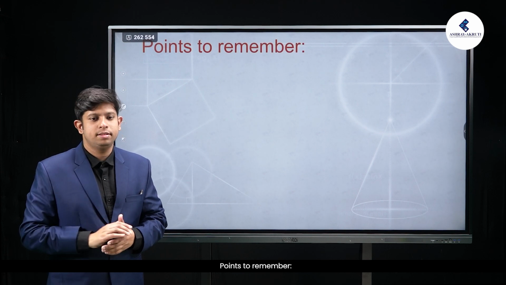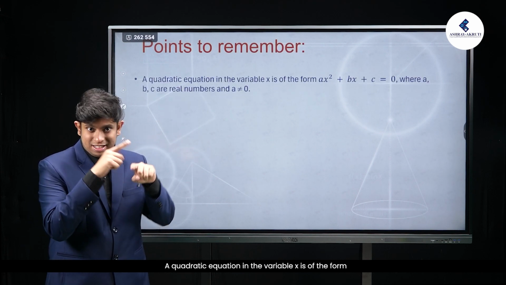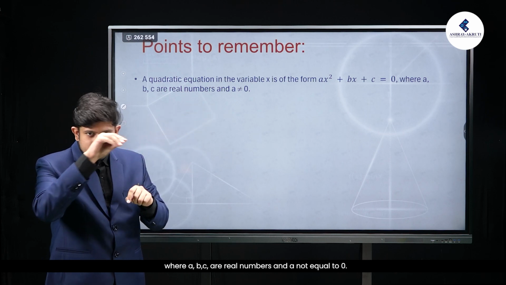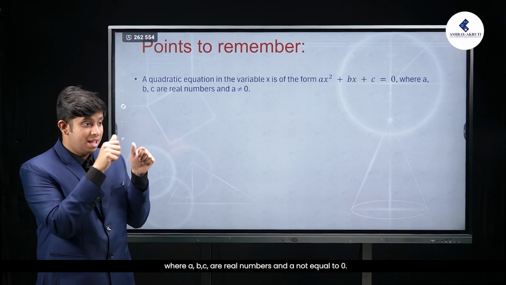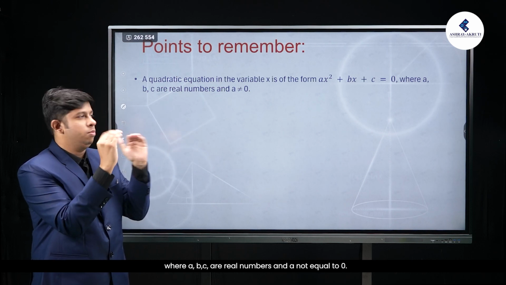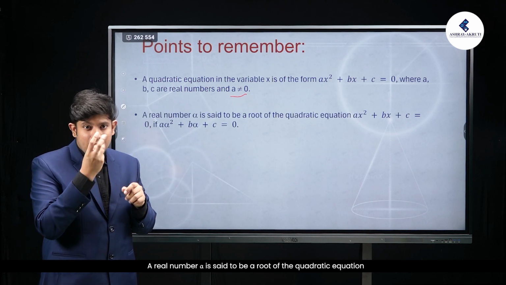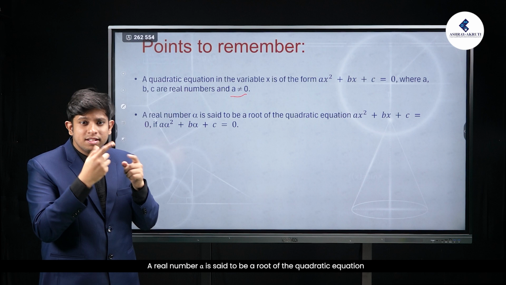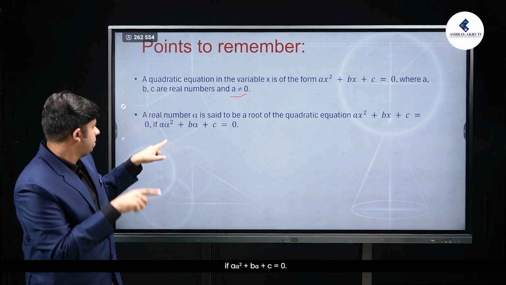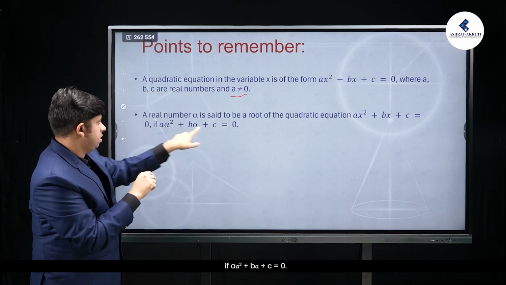Points to remember. A quadratic equation in the variable x is of the form ax square plus bx plus c equal to 0, where a, b, c are real numbers and a not equal to 0. A real number alpha is said to be a root of the quadratic equation ax square plus bx plus c equal to 0 if a alpha square plus b alpha plus c is equal to 0.